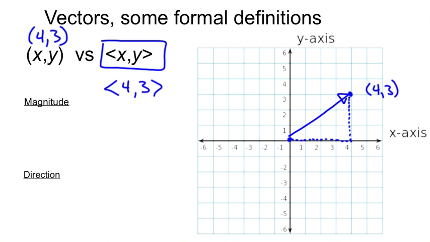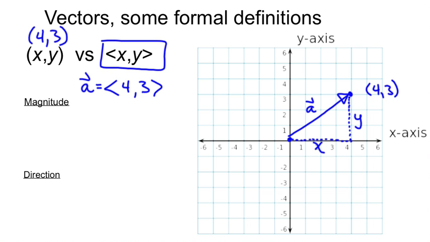I could call this vector, for instance, A, with the little vector symbol over the top. So vector A starts at the origin and goes out to the point (4, 3). It's got an x component and a y component, and we've got a vector.